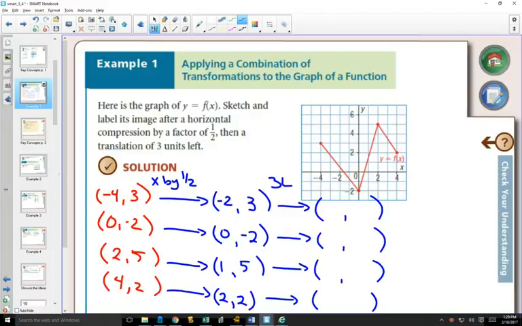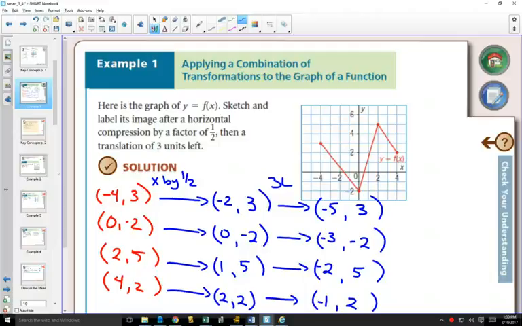Again, our y values won't change. And if you subtract 3 off of each of those x coordinates, those become our final points. So far this has been identical to the vertical one as far as doing the points.